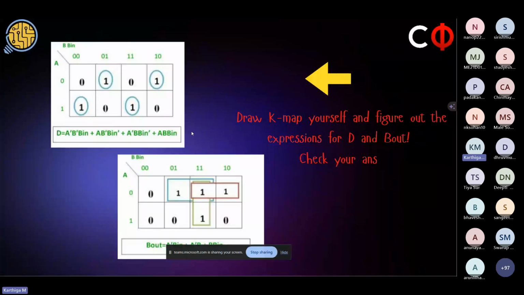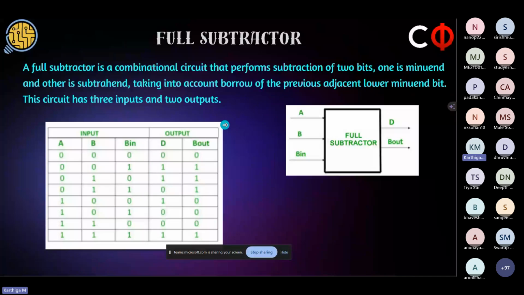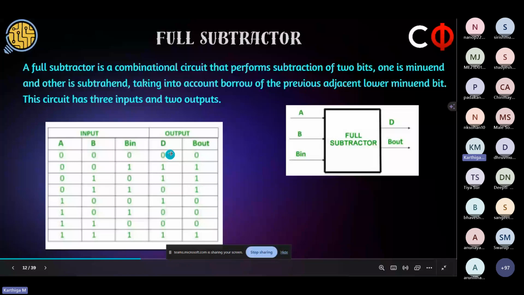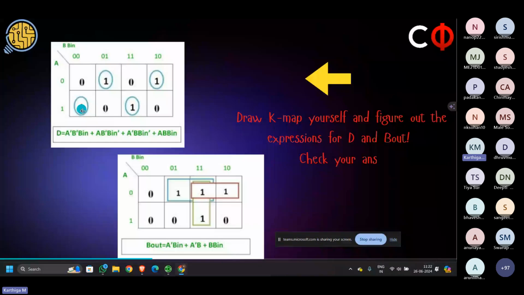From the truth table, you can write the expression for D and borrow output. Write the minterms for each, which correspond to the 1s in the table for each of these variables. You can write these expressions. I guess this is pretty direct now, and you'll get very similar K-map tables.